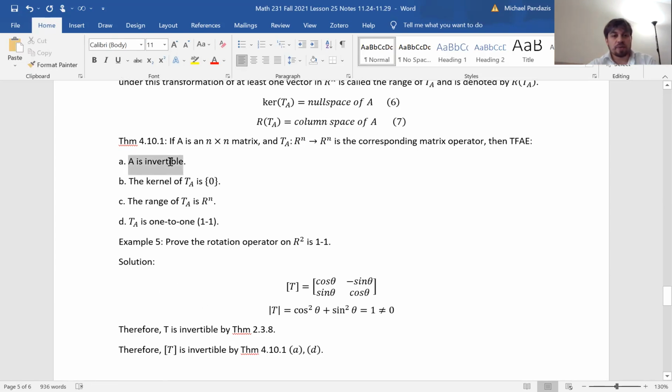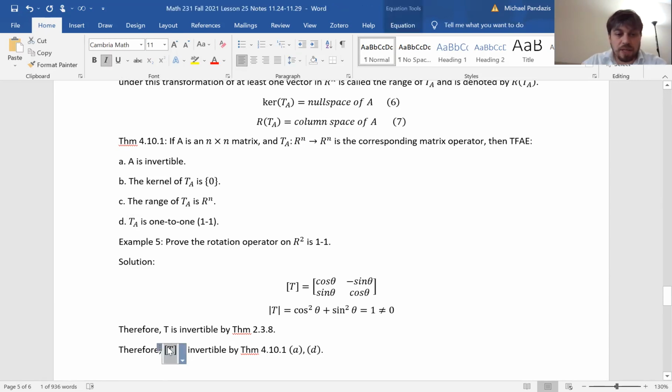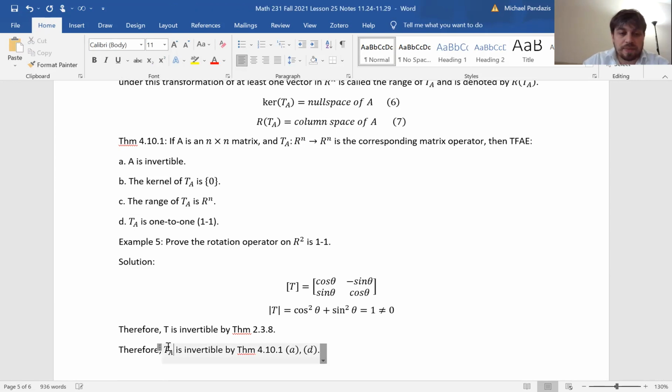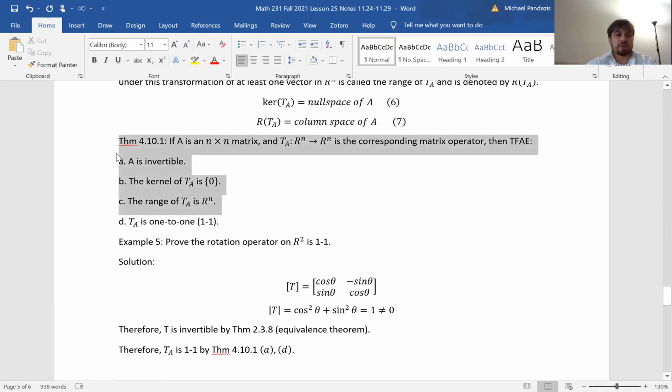So since T is invertible, T sub A is 1 to 1 by that theorem. T sub A is 1 to 1 because T is invertible, and that's equivalent to T sub A being 1 to 1. And so we proved that the rotation operator is 1 to 1 by the equivalence theorem, theorem 2.3.8. That's the equivalence theorem. And the last theorem, theorem 4.10.1, parts A and D are equivalent.